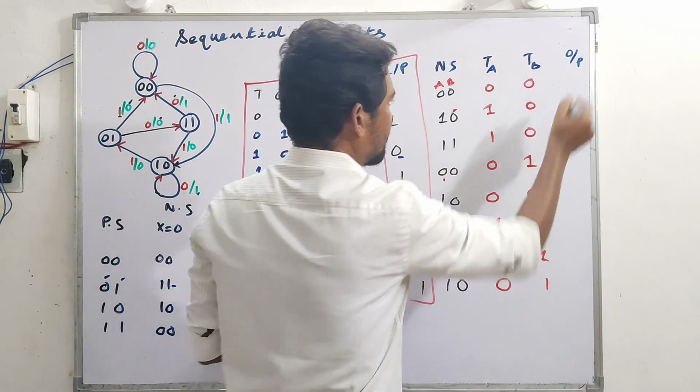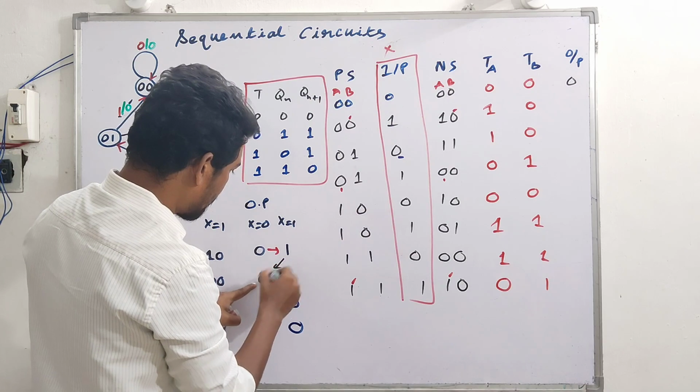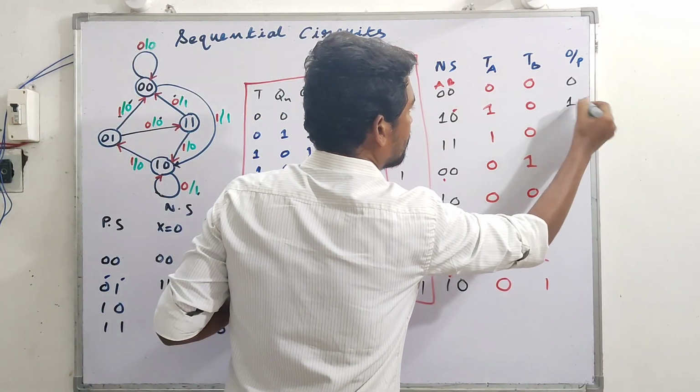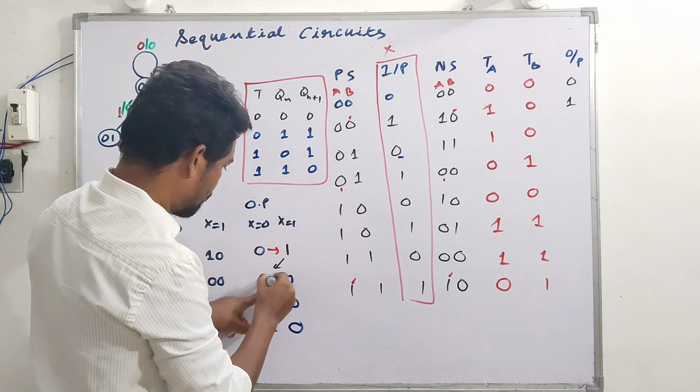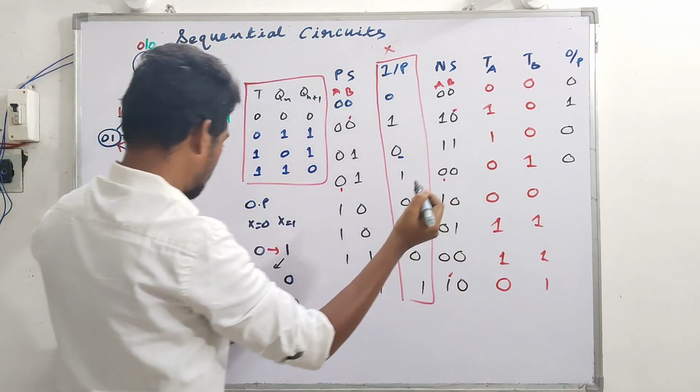So this appears as it is in this manner. Then comes over here 0 1, 0 1 and 0 0 0 0 0 0.